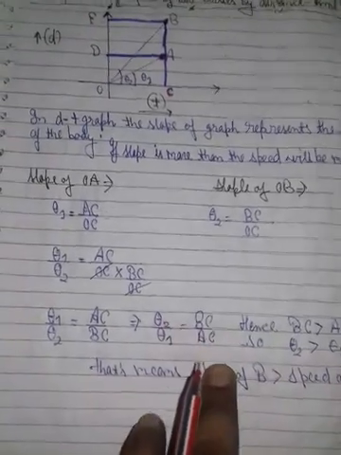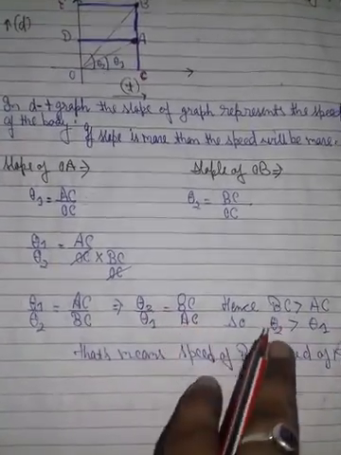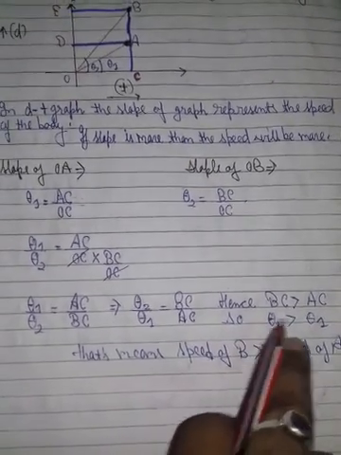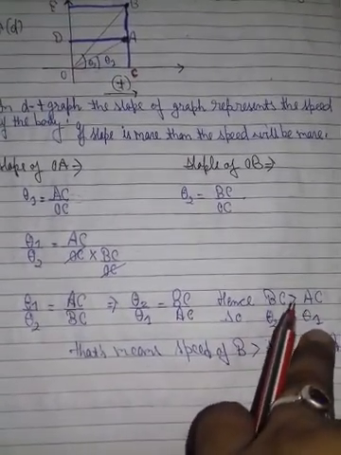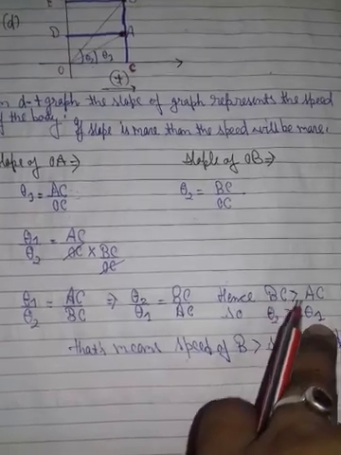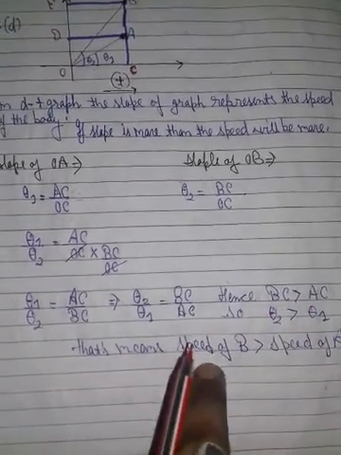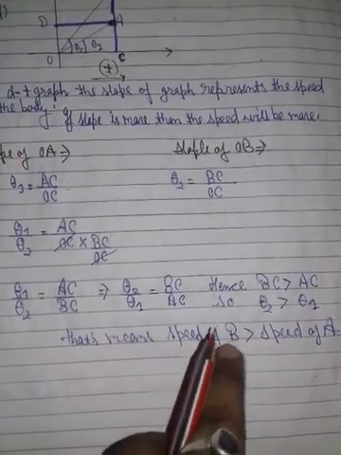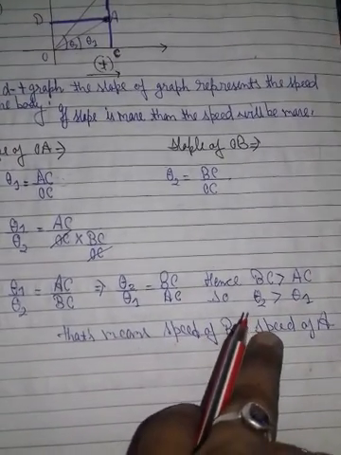BC is greater than AC, so the slope of the second body is greater than the slope of the first, and the slope directly gives the speed of the object. So it is clear that the speed of the second object is greater than the first one.